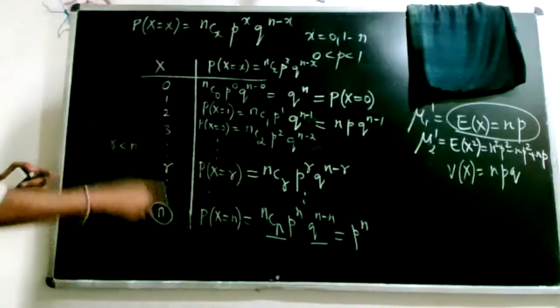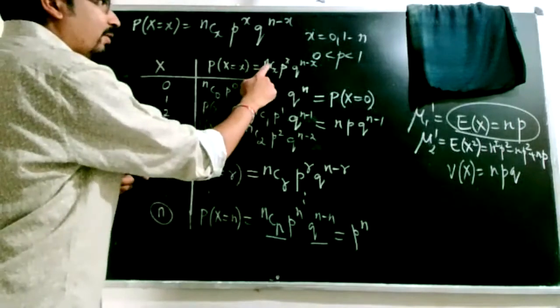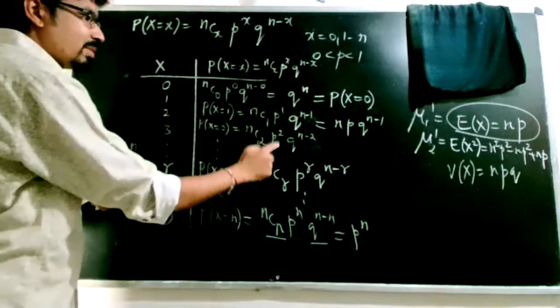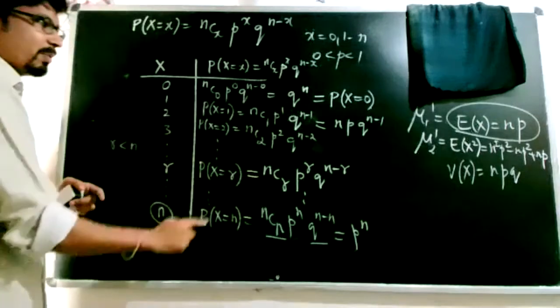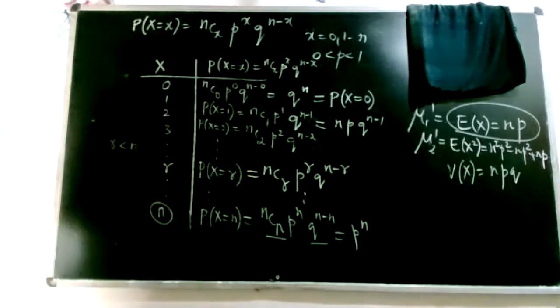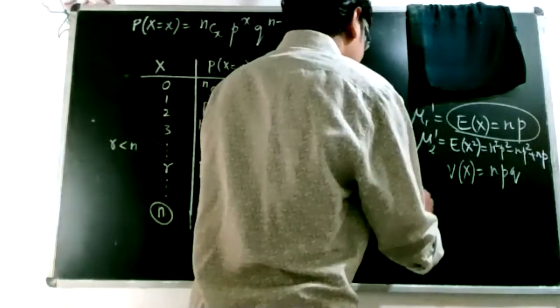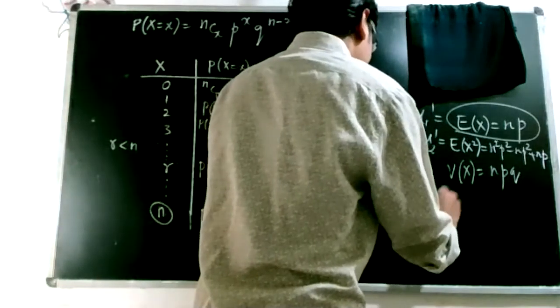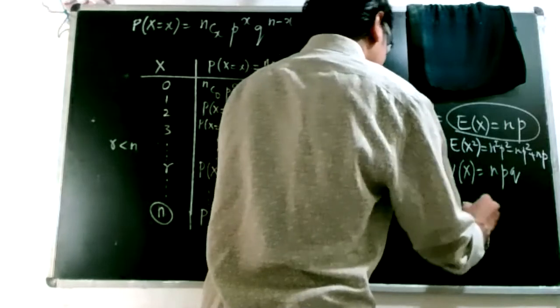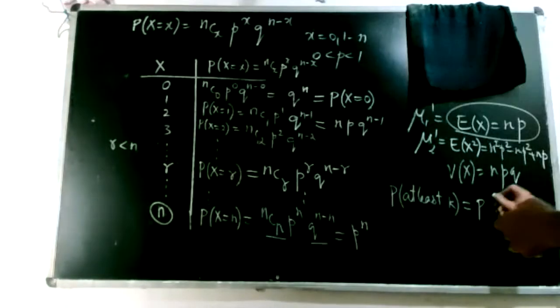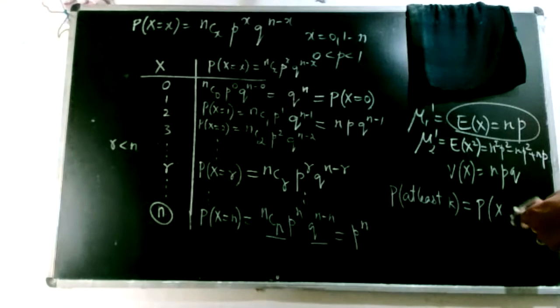So in the questions now, a particular value of n and p will be given. Just substitute n and p for the required probabilities and you can estimate the probabilities. Sometimes you'll be asked with at least, at most, and so on. At least k is nothing but x greater than or equal to k.